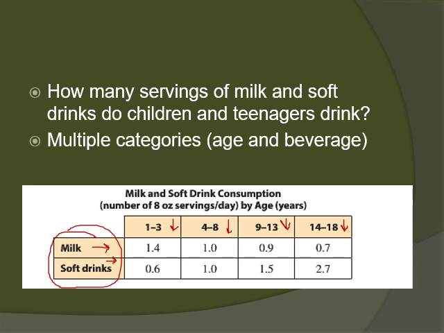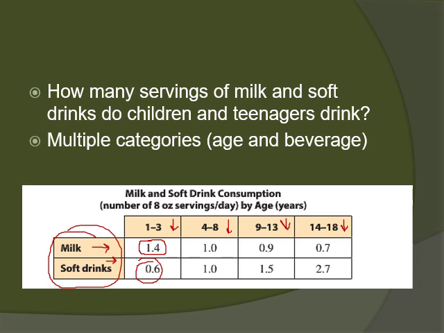And then inside these, you'll see how many servings they're having. This isn't how many kids, it's how many servings they, I don't know if this is suggested or realistic. So you can see, for example, a 1 to 3-year-old is having 1.4 servings of milk and 0.6 servings of soft drinks. That would be like soda.